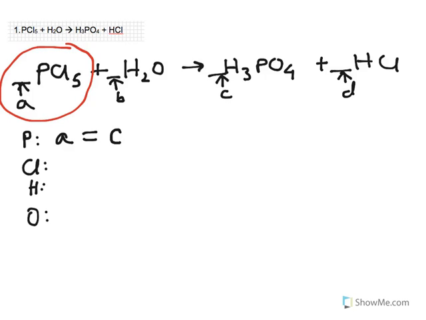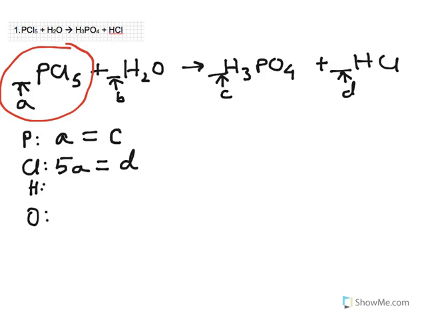Similarly, we will have 5 chlorine, as you can see on the left side of the equation. So we will have 5A. On the right side of the equation, we have 1 chlorine, so we can say 1D, or just D.